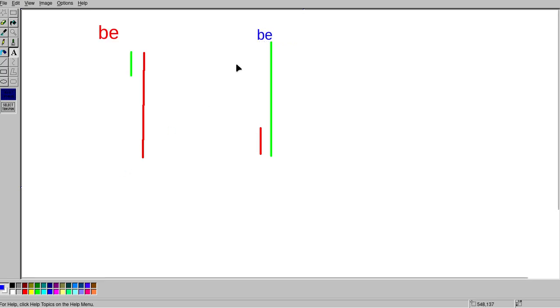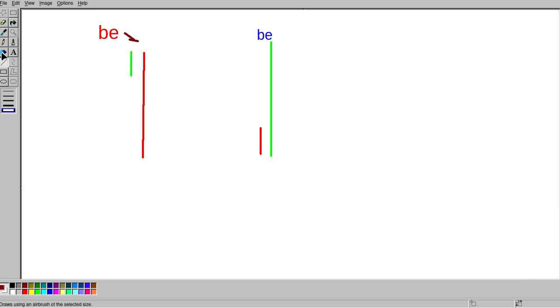So this is the bearish engulfing chart pattern right here. I think let's use brown. This is the bearish engulfing chart pattern, and then this is the bullish engulfing chart pattern.